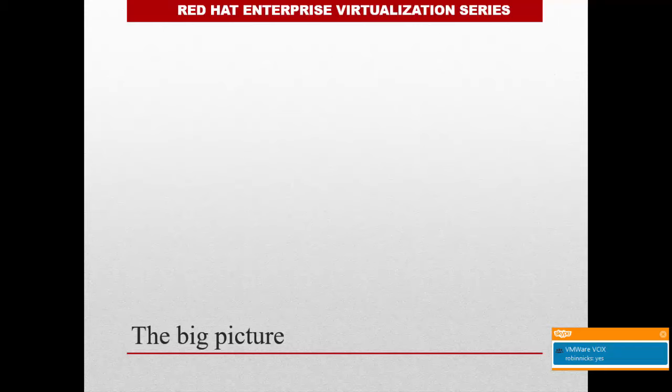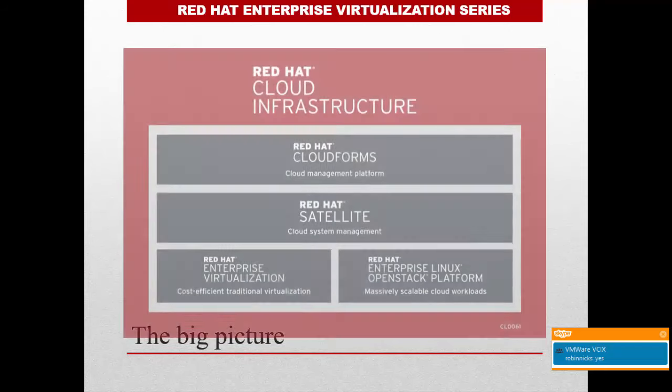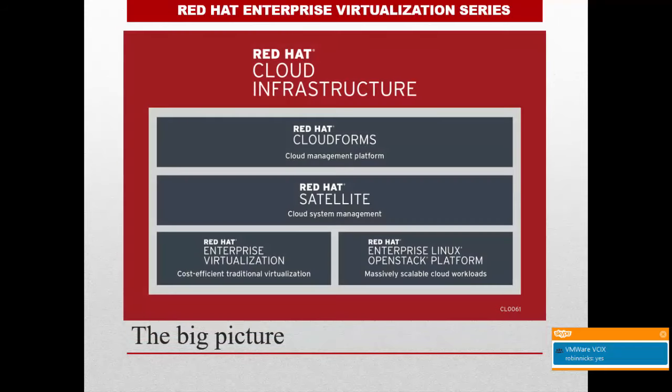So the big picture of Red Hat when it comes to cloud. It has termed its cloud infrastructure RHCI, or the Red Hat Cloud Infrastructure, that comprises Red Hat Enterprise Virtualization, and on top of it you will see the OpenStack platform.